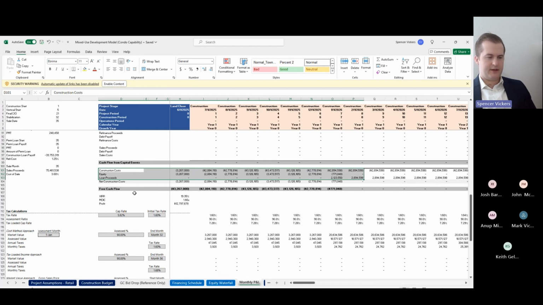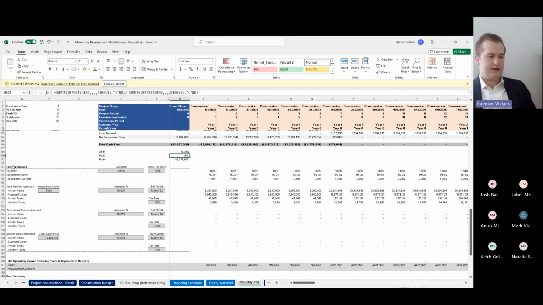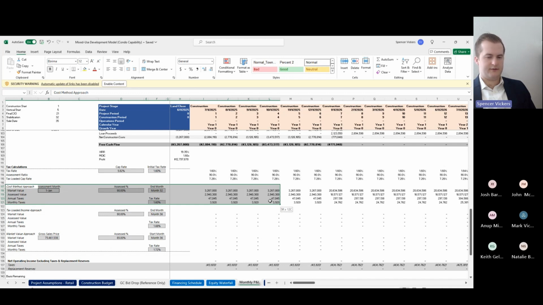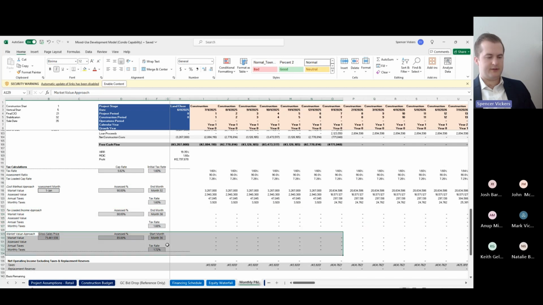Construction costs flowing through again to give us our total free cash flow after construction and after operations and financing and all that good stuff to give us our IRR and our multiple on invested equity or the equity multiple. These are the tax calculations, what's flowing through at acquisition through the course of construction, what's flowing through at stabilization, and then what's flowing through at disposition.